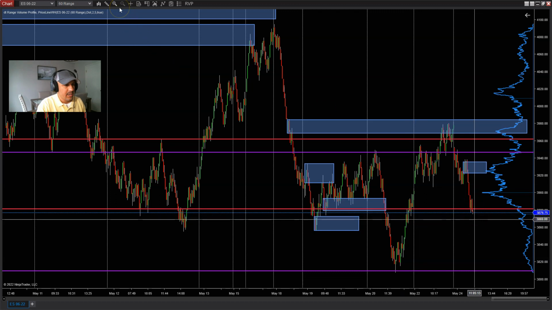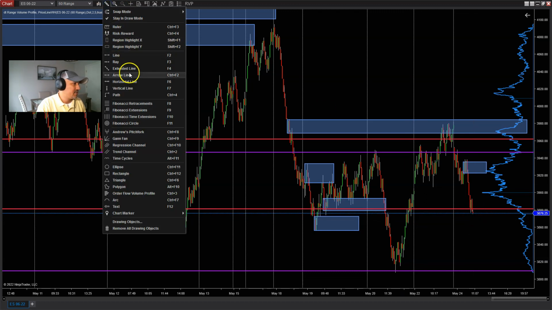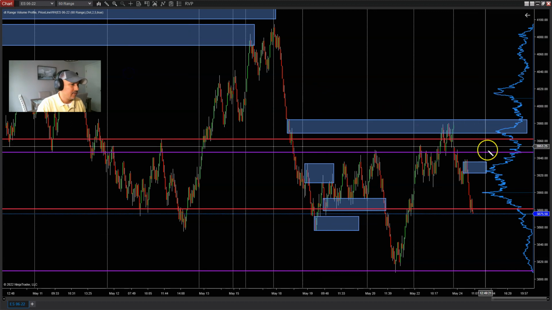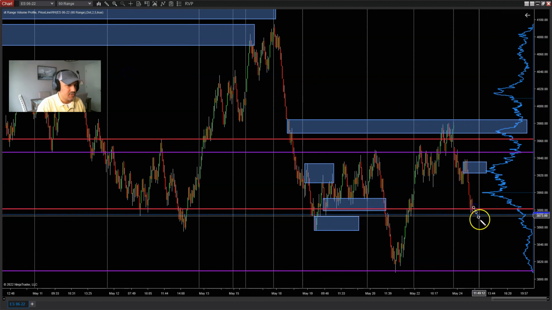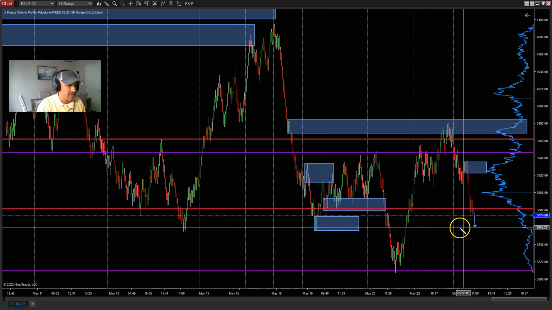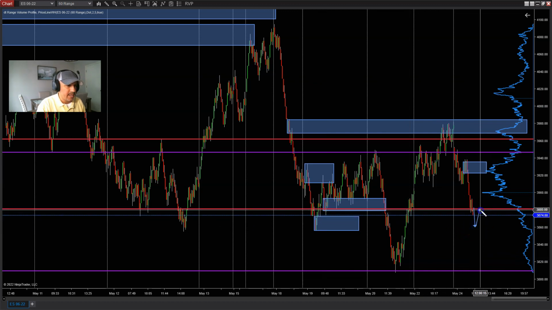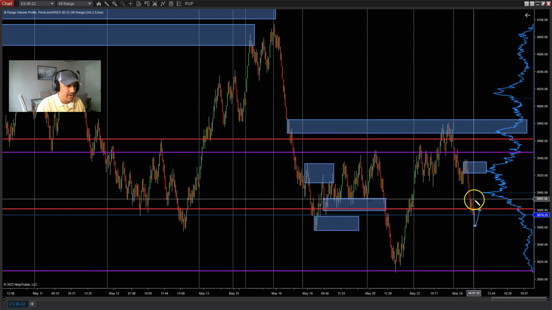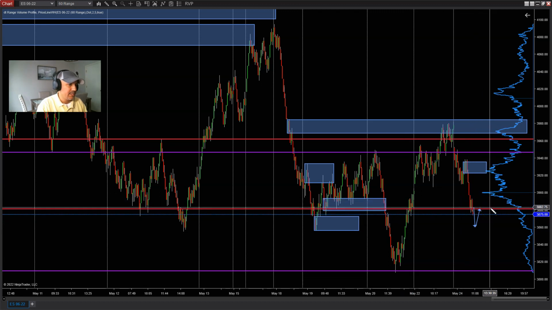So I'm looking for the market to do something like this on a 60 range and then basically set up for an area of supply. Okay, so basically breaking structure to the downside here, taking out the bottom end of this green candle here, and then just pulling back to this area of supply right here. Okay, so let's see if it's going to do that on the 60 range.